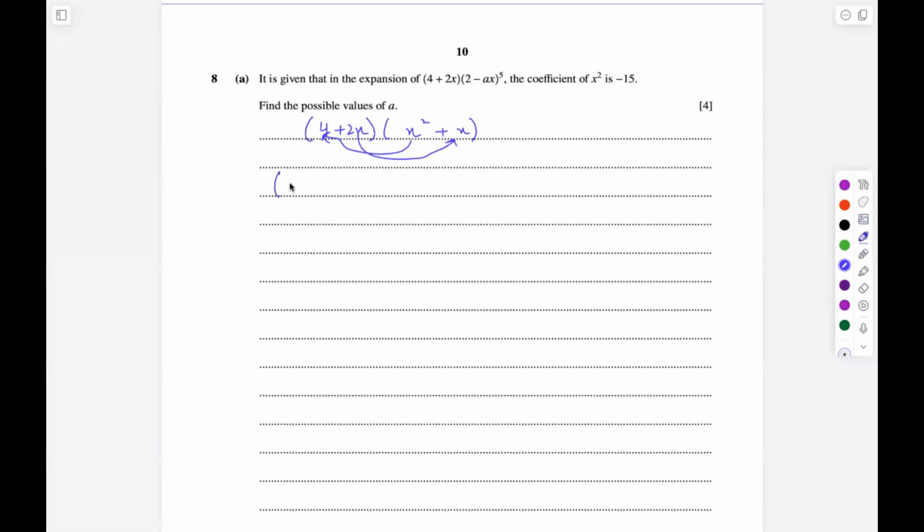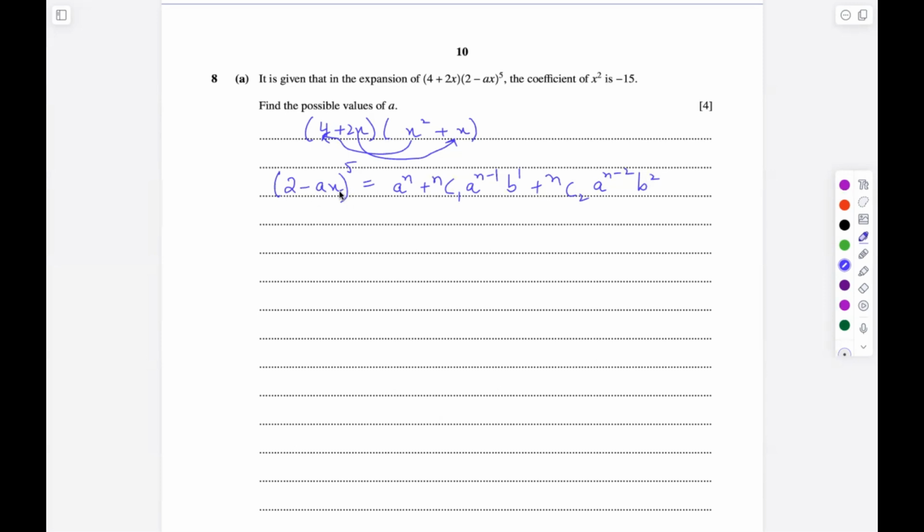Now the expansion formula for an expression of the form (2 - ax)^5 is a^n + nC1 a^(n-1) b^1 + nC2 a^(n-2) b^2.